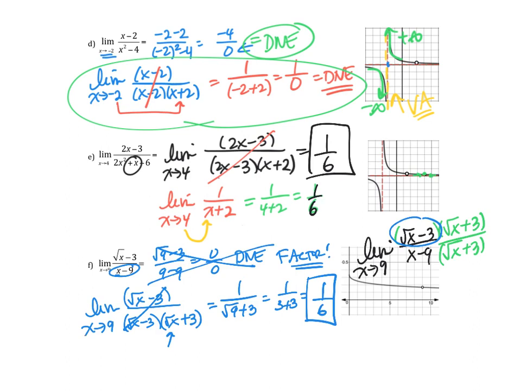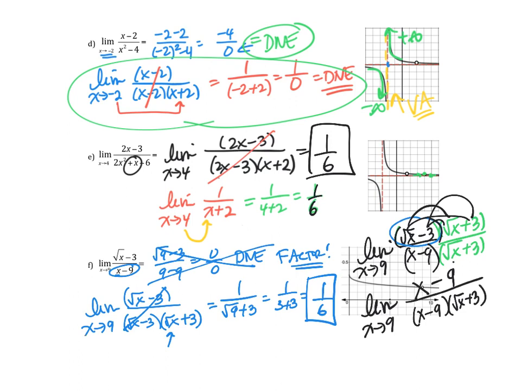So when I multiply by the conjugate in my numerator, when I simplify that, I would get x minus 9, because root x times root x is x, and then our inside and outsides cancel, and then negative 3 times positive 3 is negative 9. And then in my denominator, I still have my x minus 9 right here, right? I should have parenthesized that. And then I have my root x plus 3.